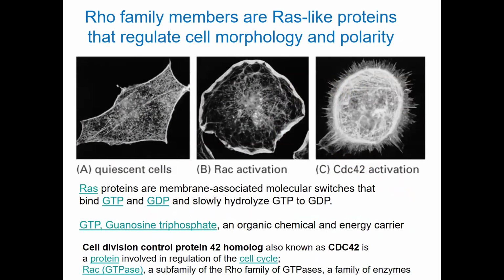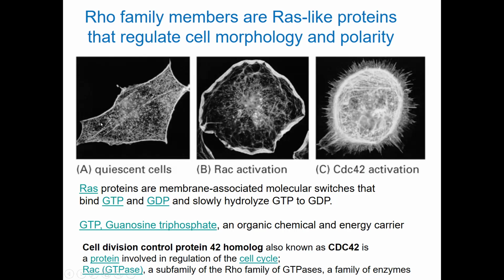And then Rho family members are Ras-like proteins. So lots of proteins are involved that regulate cell morphology. That means during movement, the cell morphology is changed. Because if you see one person running or jumping, you see the body shape is also changed. Similarly, in the case of a cell, the structure is also changed.